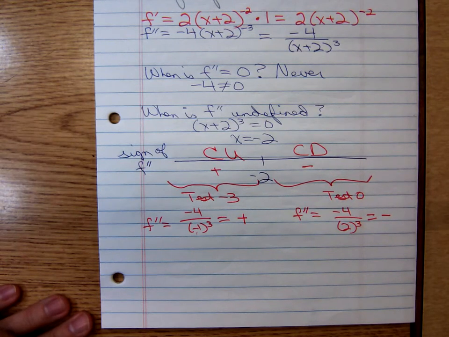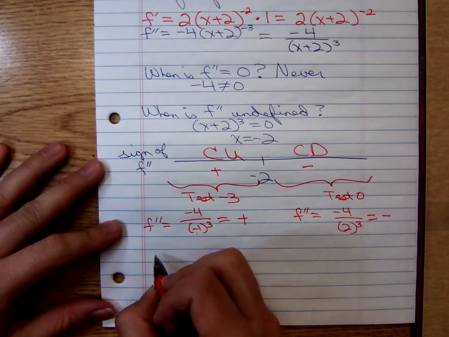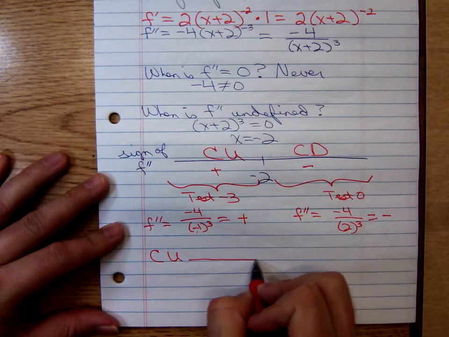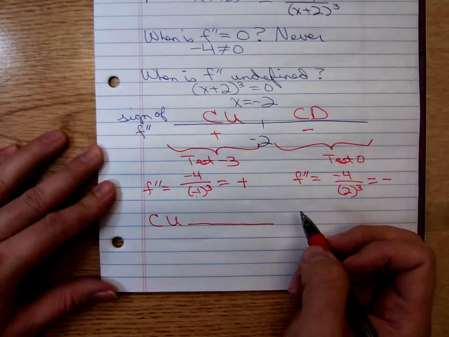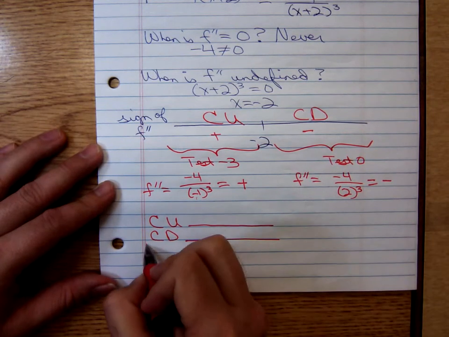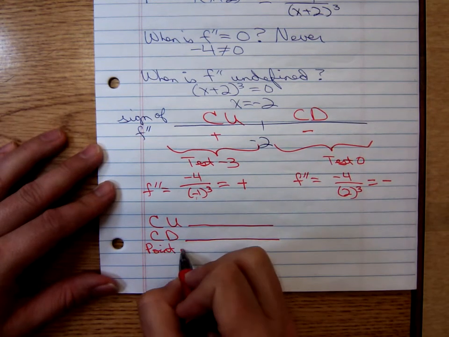And they want us to determine concavity, so we need to determine when the graph is concave upward. When is it concave downward? And any point of inflection.